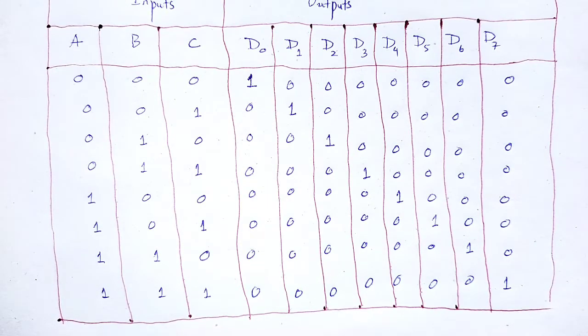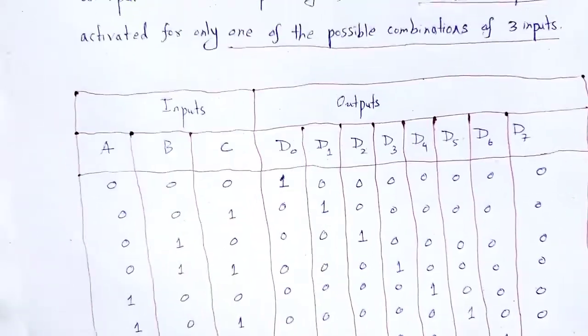That is the truth table for 3 to 8 decoder.